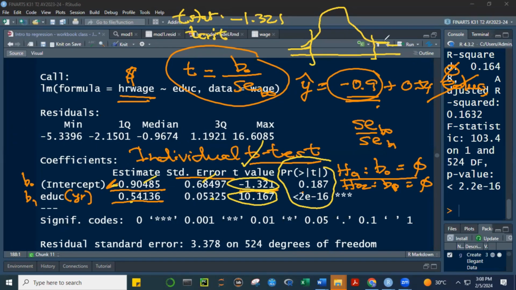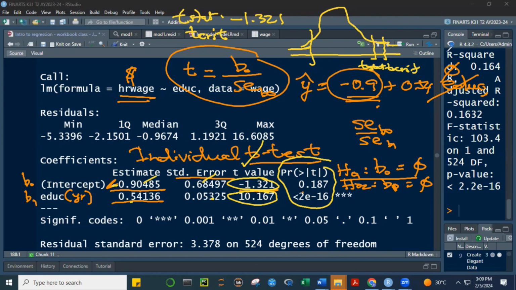If our t-critical is here, for example, tapos yung t-stat natin ay dito. What does that mean, class? T-stat natin is to the left of the t-critical.